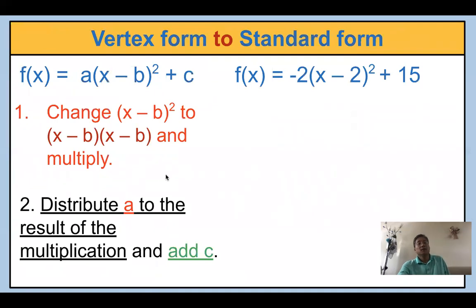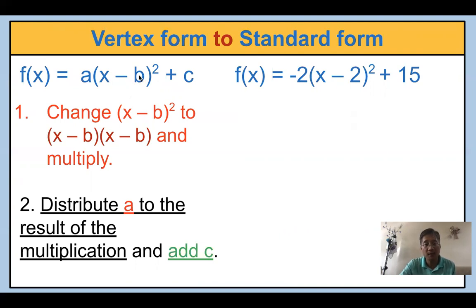Now, this is a vertex form, and this is the example we have. So what is the step? There's a common mistake: many times I see students multiply a to the x and b, distributing first. But do you remember PEMDAS?